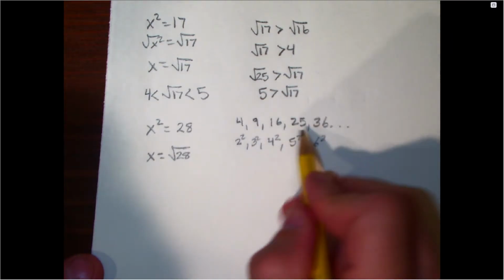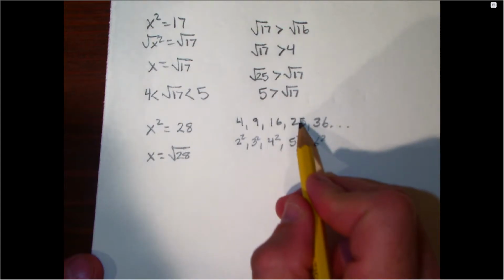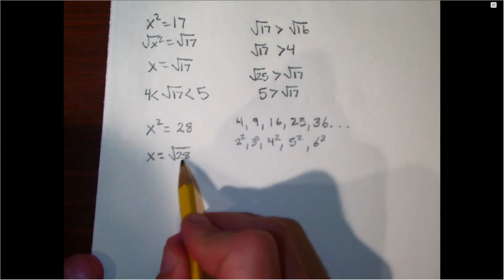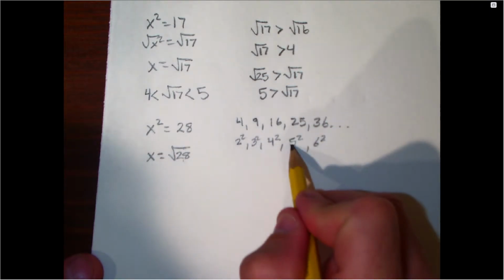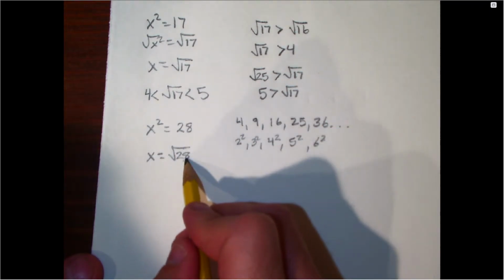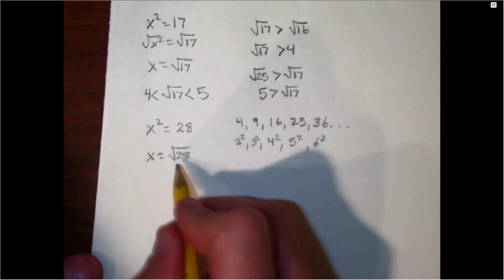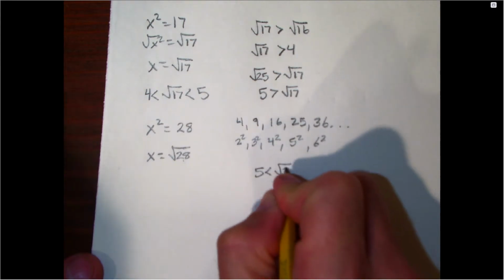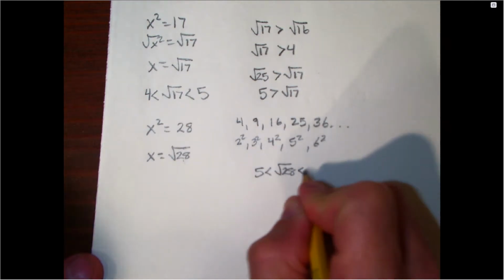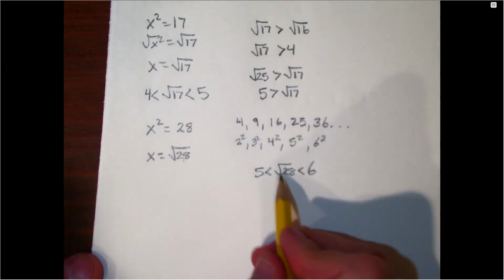So if we're taking the square root of those numbers, it's the square root of 28, so it's more than the square root of 25. So it's more than 5, and it's less than the square root of 36, so it's less than 6. So this answer is somewhere between 5 and 6. 5 is less than the square root of 28, which is less than 6. And again, it's a little closer to 5 than it is to 6.